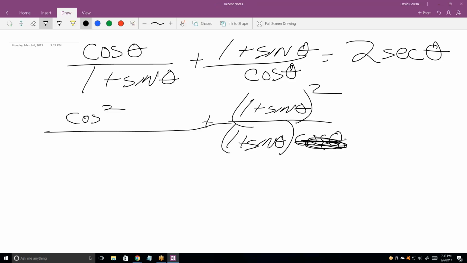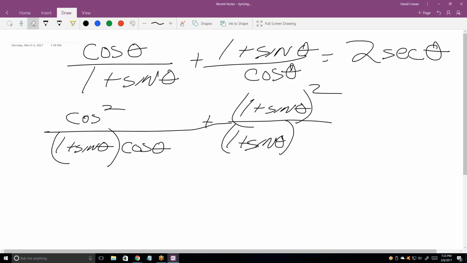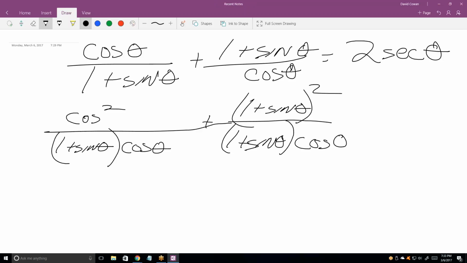Let's see. That was cosine squared over 1 plus sine theta times cosine theta. And whenever it goes awry, I try to go back to where I know is correct. Now that's correct, is it not, for the left side? I haven't changed it? No. Okay.